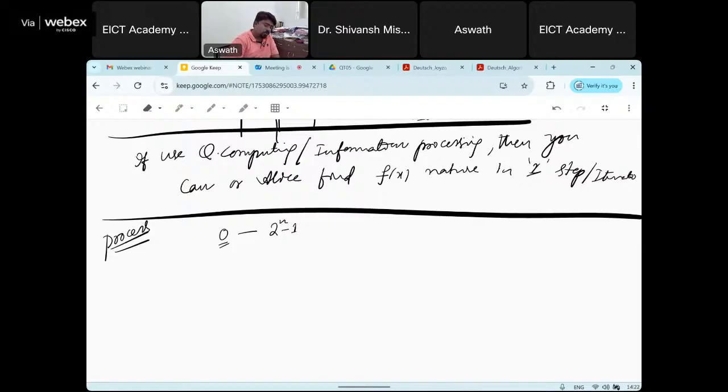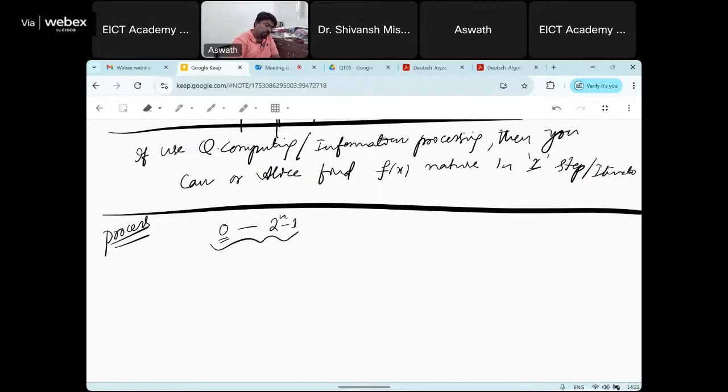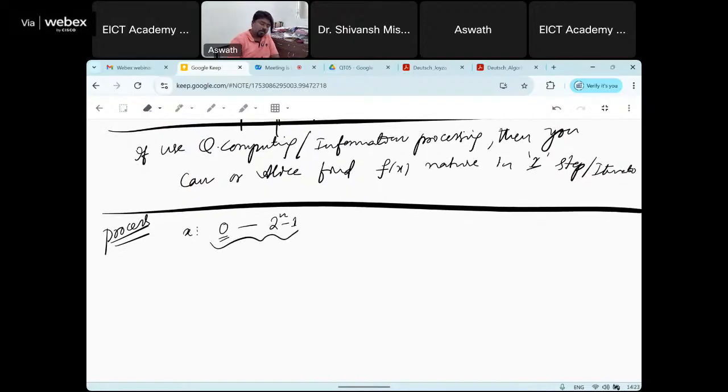Whatever x value she picks, Alice has to put it into a quantum state.